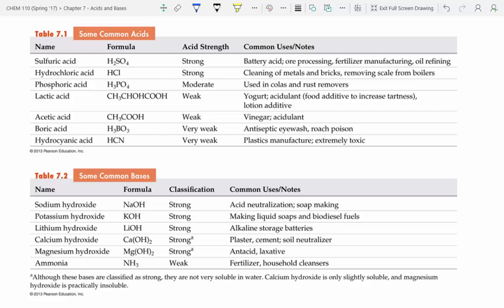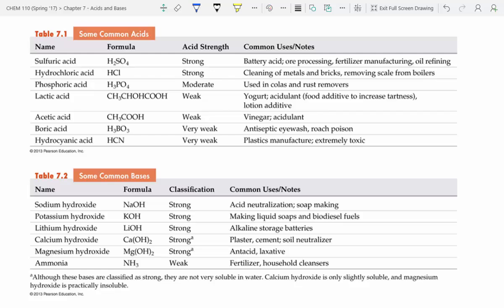That's also a strong acid. That's used for cleaning metals, and it's also found in your gut. That's gastric acid. The next one is phosphoric acid. That's actually found in things like Coke, which is why they say Coke is really bad for your teeth. If you drink too much Coke, it will actually erode the enamel, because the enamel is likely made up of what? A base, right?